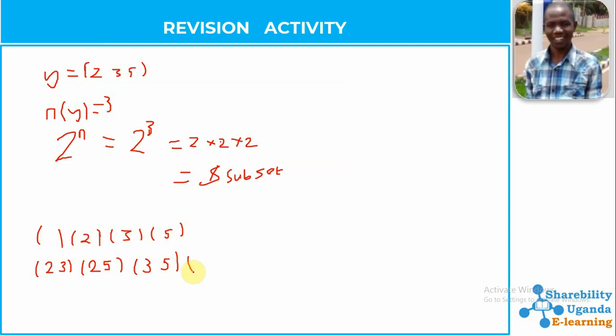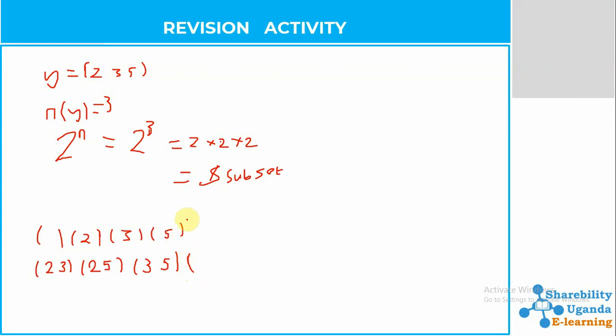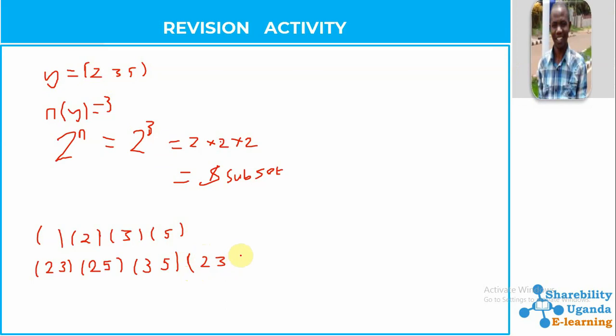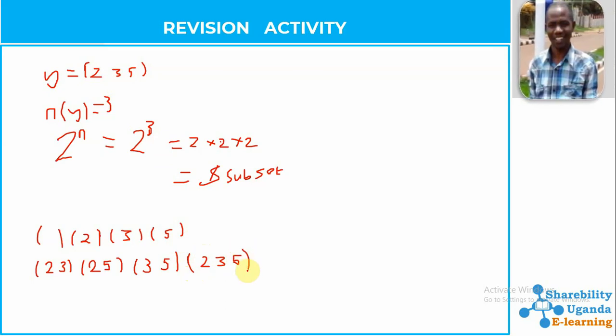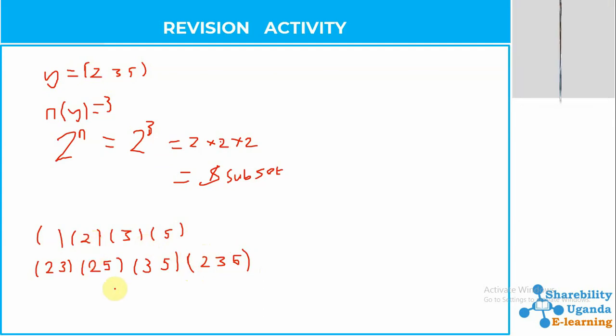Yes, we are remaining with another set, which is a set of all the elements within our set, which is 2, 3, 5. So when we now count these, we are able to get 8 subsets. So this is how we can prove the number and exactly see what they are talking about.